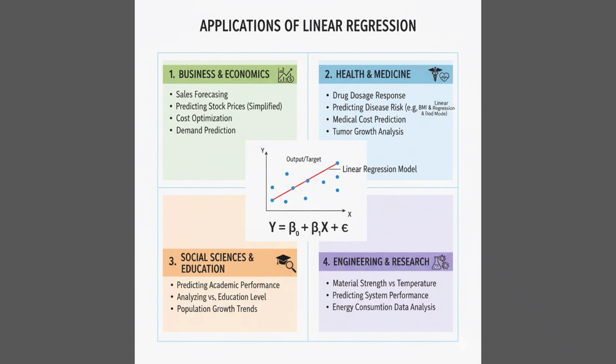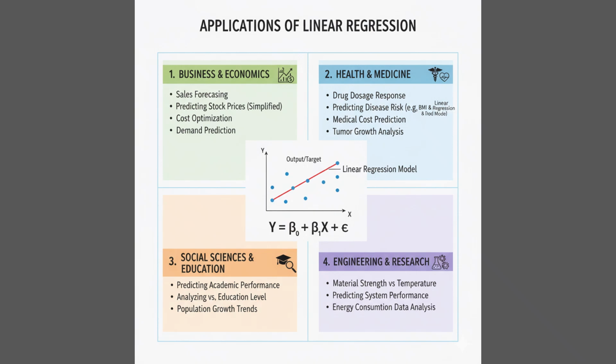So let's bring back to the real world where we are actually using it. In business and economics, it's used for sales forecasting, predicting demand, and optimizing cost in various industries. In health and medicine, it is used to analyze drug dosage responses, like how much drug is going to suffice for the patient, to predict medical cost, or maybe predict tumor growth.